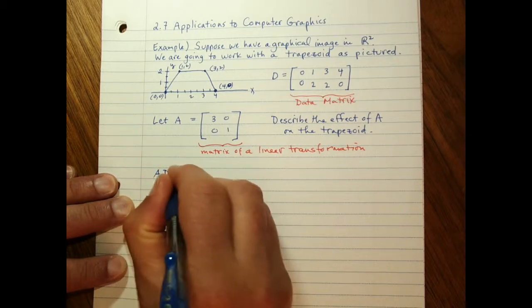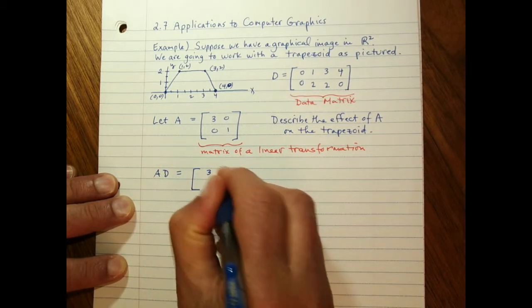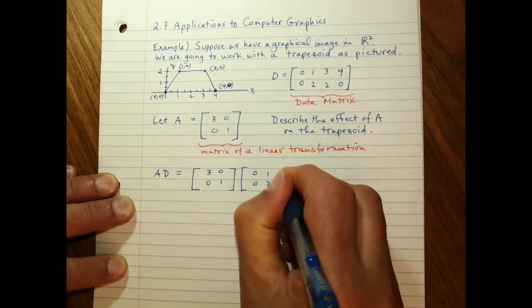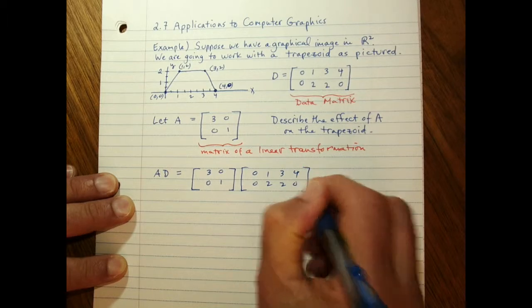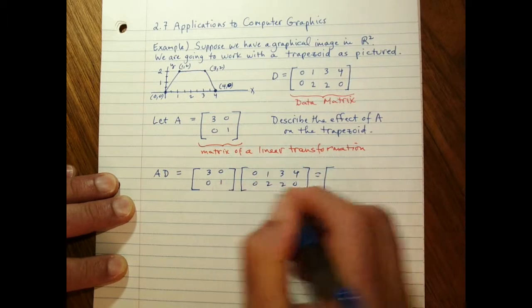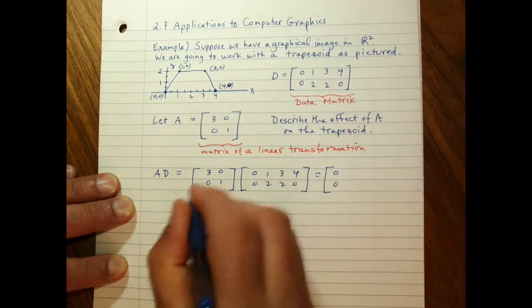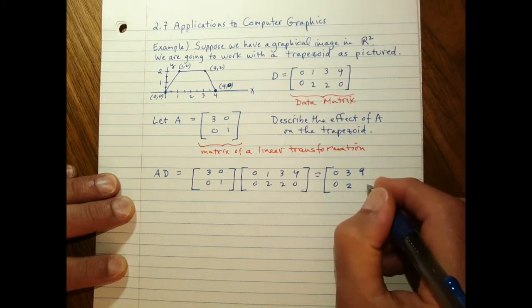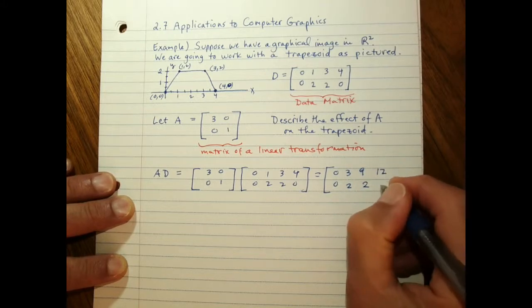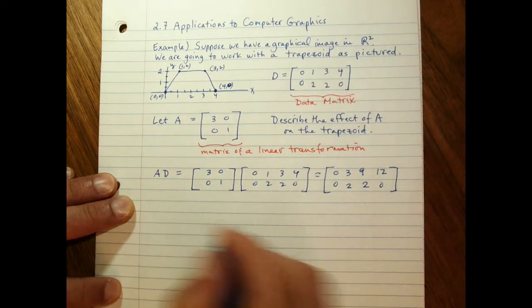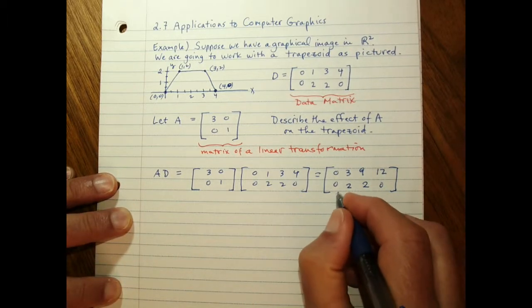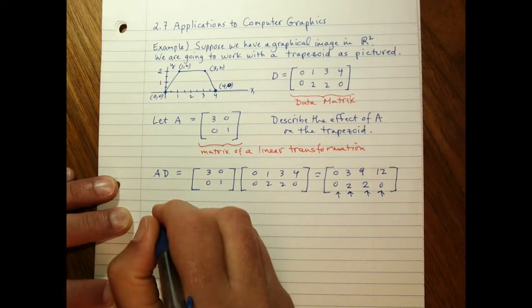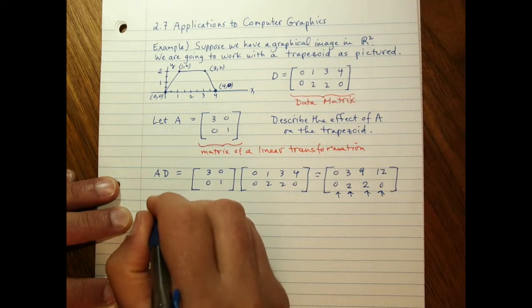In fact, let's calculate AD: 3, 0, 0, 1 times 0, 0, 1, 2, 3, 2, 4, 0. And this you could do pretty quickly. We're going to get 0, 0, 3, 2, 9, 2, 12, 0. And let's now think about the columns as new points that we have, and let's think about plotting those.